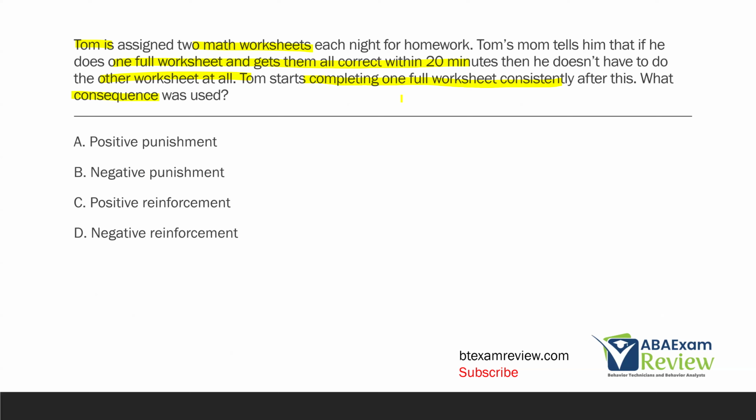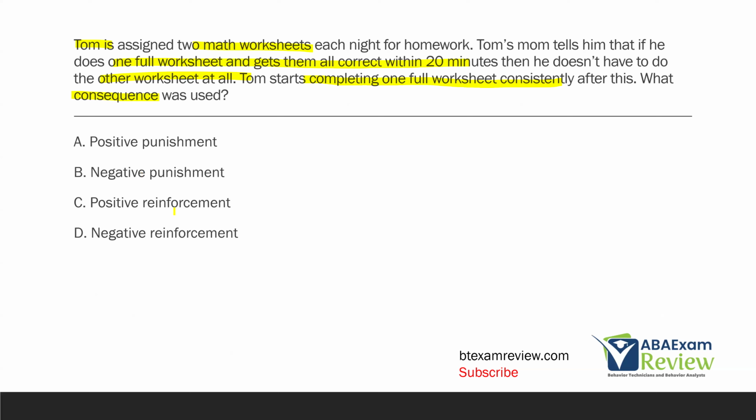Well, two things, right? First is we have decided this was reinforcement because Tom's behavior has increased. So it can't be punishment. Two, it's not positive because Tom is allowed to escape. Demand for doing the second worksheet has been removed. If we look at B, negative punishment, it is negative because there's been a removal as a consequence, but it's not punishment.